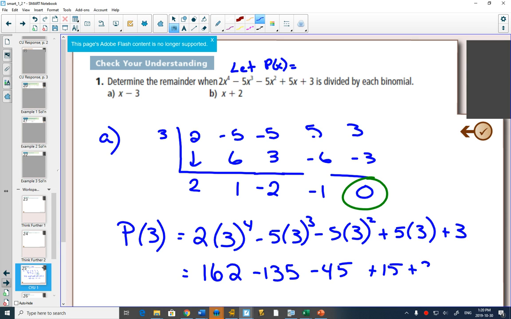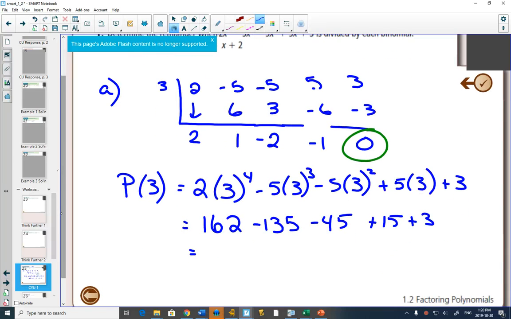Plus 15, plus 3. And if you put that all together, sure enough, it equals 0.